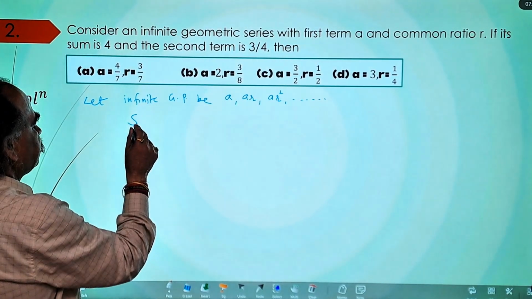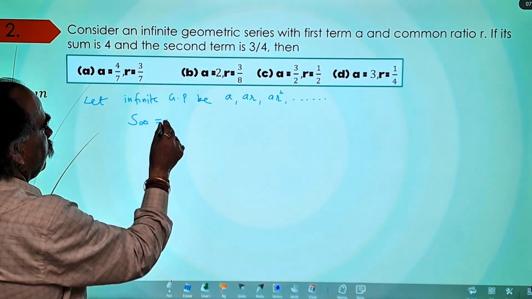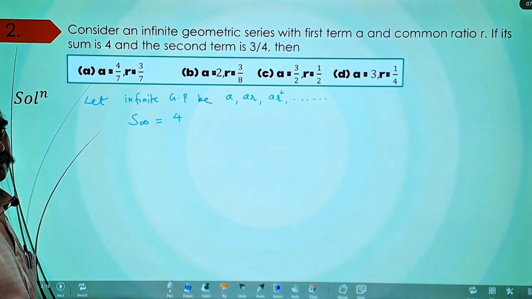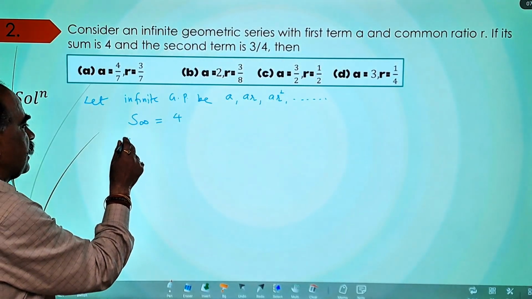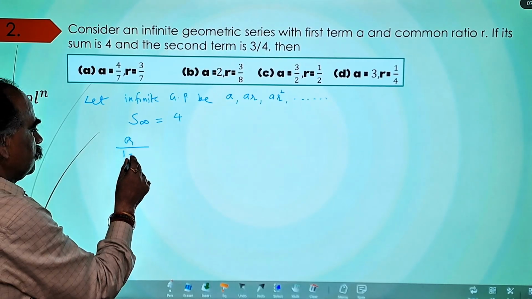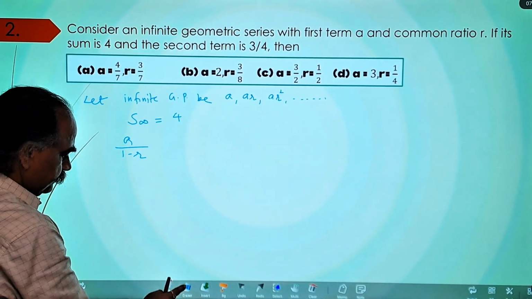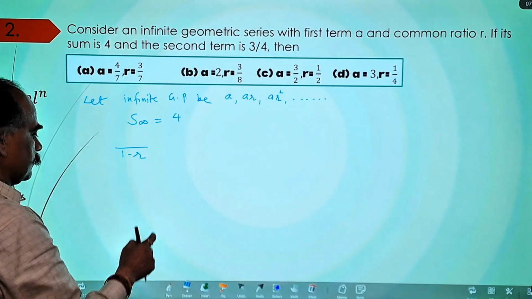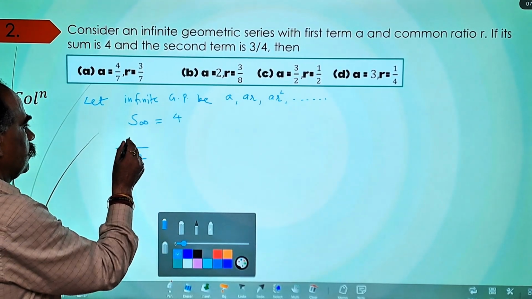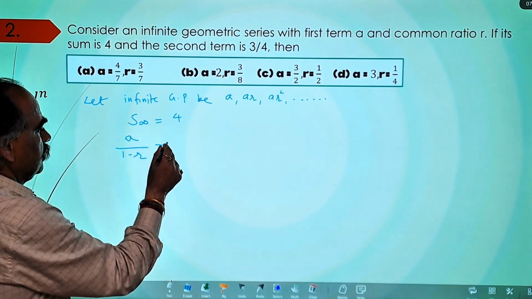So S infinity is 4. By formula S infinity is A upon 1 minus R, equal to 4.